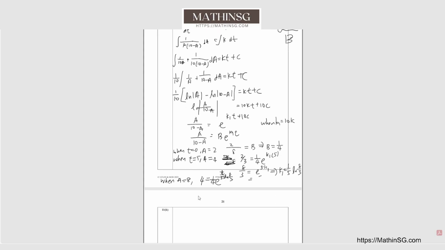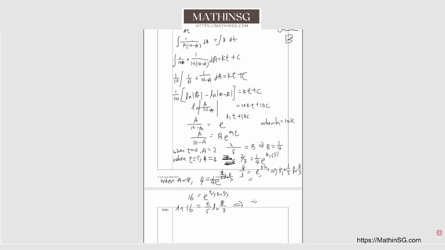So it's basically equals 16, equals e to the power of t over 5 ln 8 over 3. So I'll ln both sides. So ln 16 is equal to t over 5 ln 8 over 3.